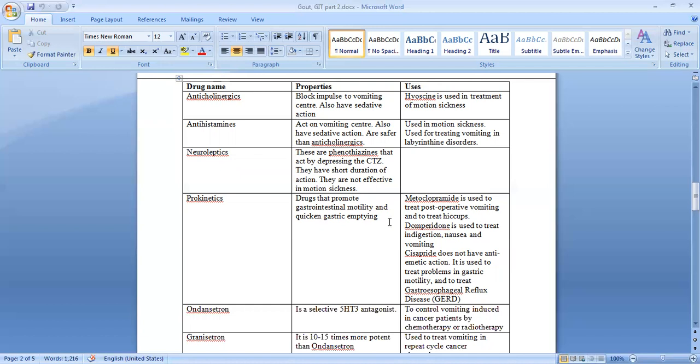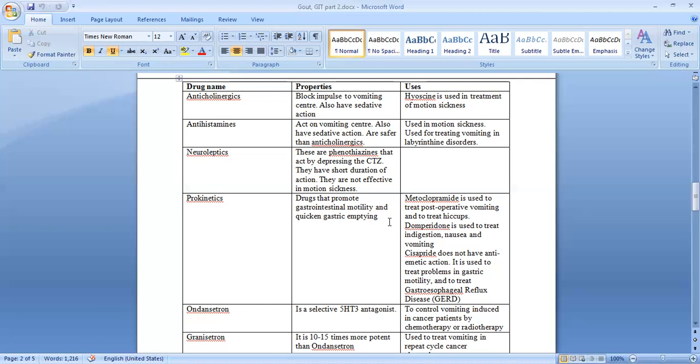Now the most common drug which is used is metoclopramide. This is used generally in treatment of post-operative vomiting. You know that when somebody has undergone a major surgery and if they have been administered general anesthetic, then they will have that sense of nausea and vomiting. So that is following the completion of the surgery.